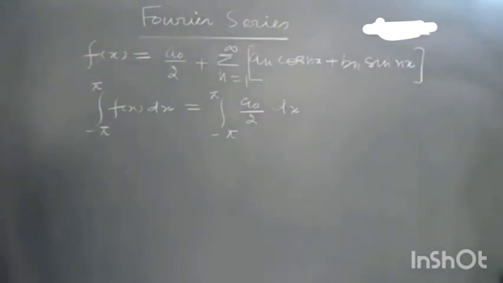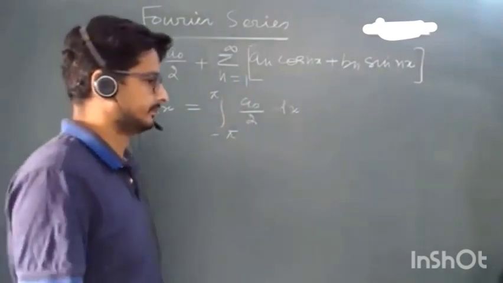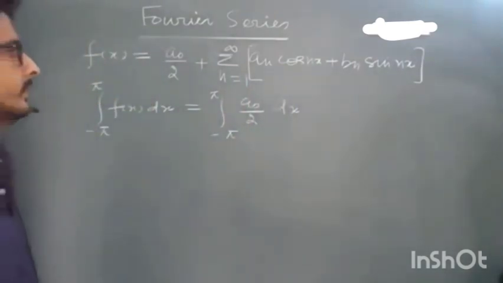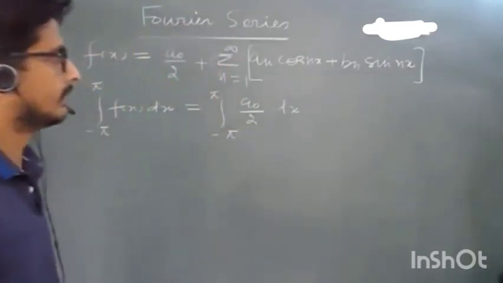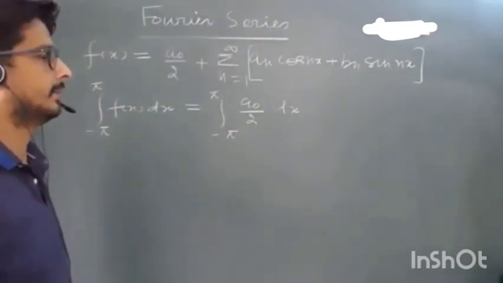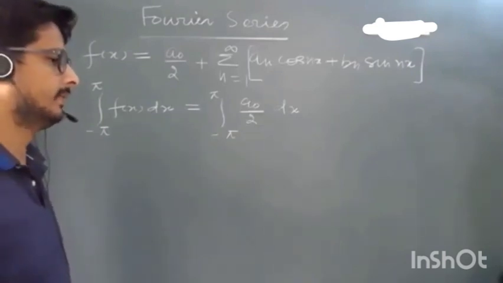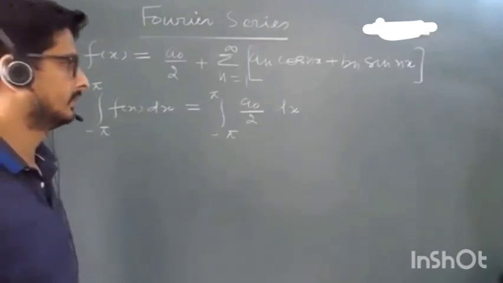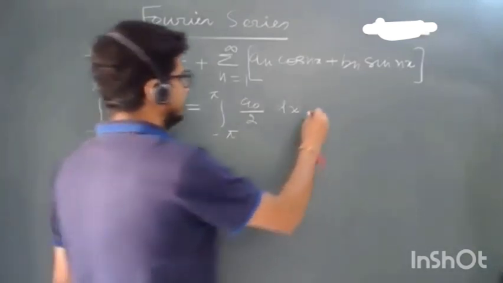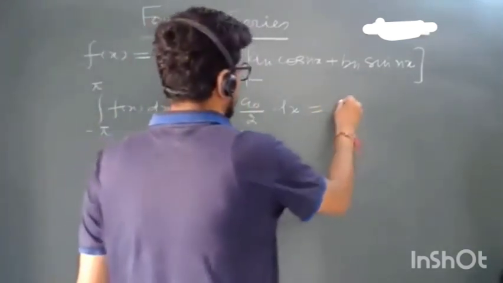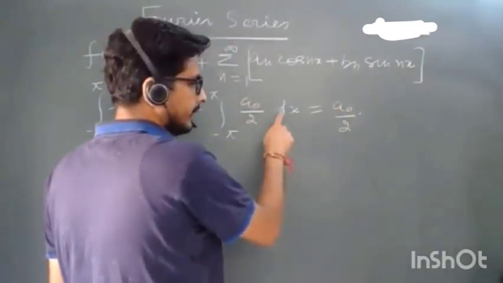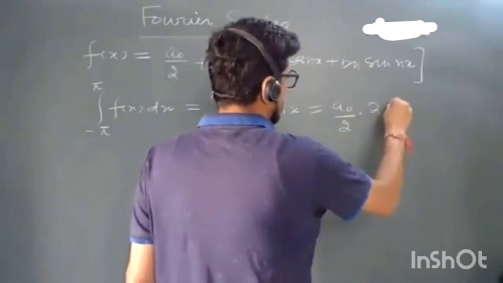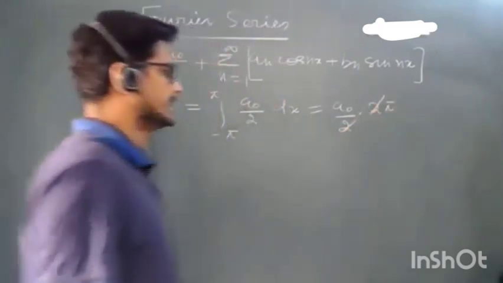Correct? And this side integral minus pi to pi cos nx or minus pi to pi sin nx, both will become 0. So this will become a naught by 2 into this integral will become 2 pi. 2 pi and 2 will cancel.